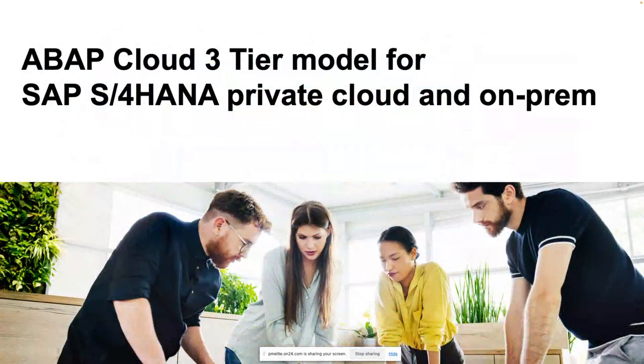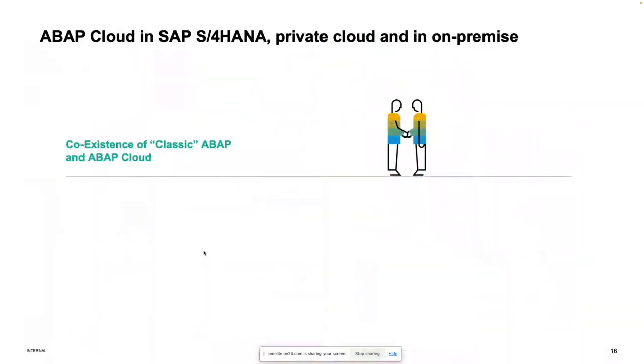One short excursus to the private cloud and the on-prem world, because this always comes up. It's named ABAP Cloud, but it's of course also available in on-premise and the private cloud. Classic ABAP and ABAP Cloud coexist in these systems. So you're still able to do classic ABAP, do Dynpro, develop classical Web GUI screens, BSP, whatever you want.